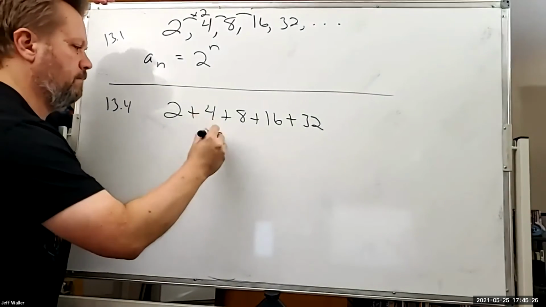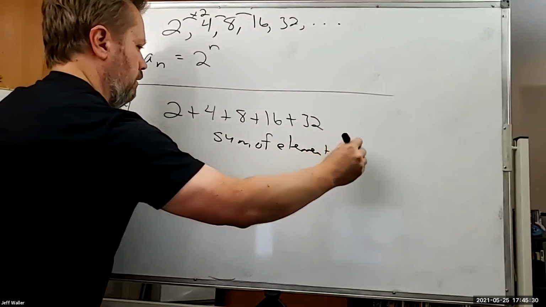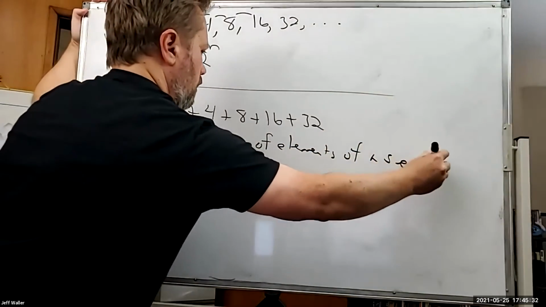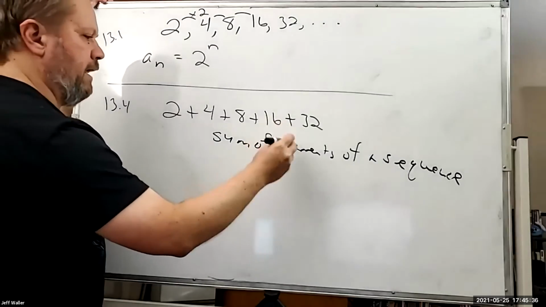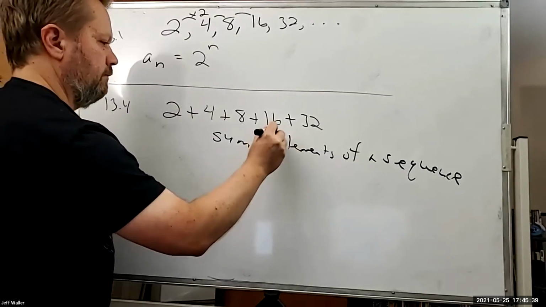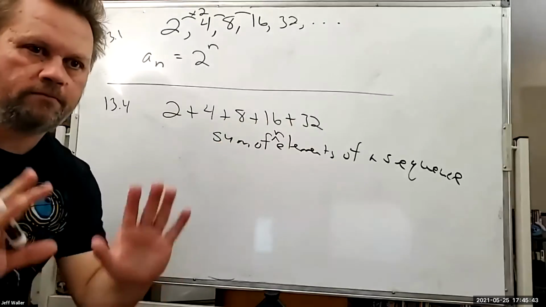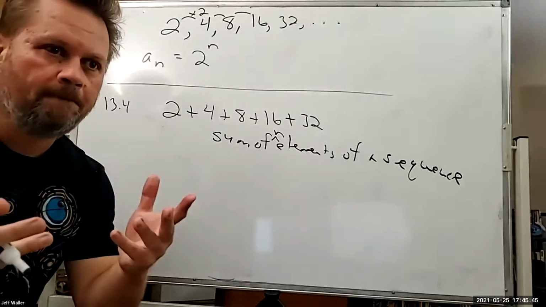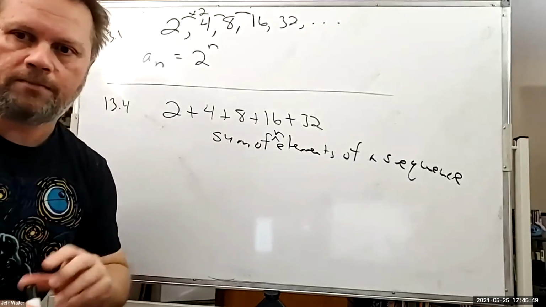This is a sum of elements of a sequence. And in fact, I'll be more specific, sum of n elements. In this case, 1, 2, 3, 4, 5 elements. All right.